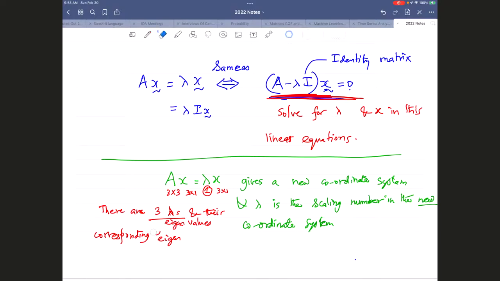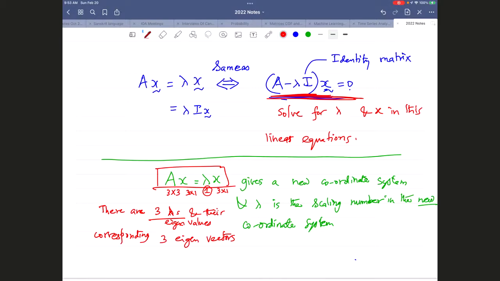Are you with me? The solution we are going to find involves all those things. We find the first lambda and then the corresponding x vector, because it's an equation. Then you find the second, the third, and you can find 3 at maximum.